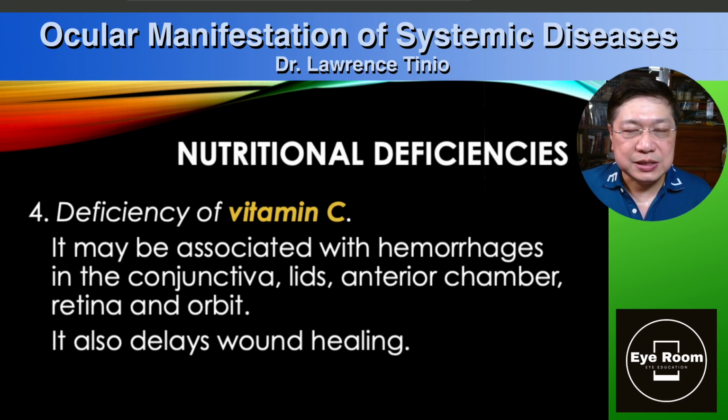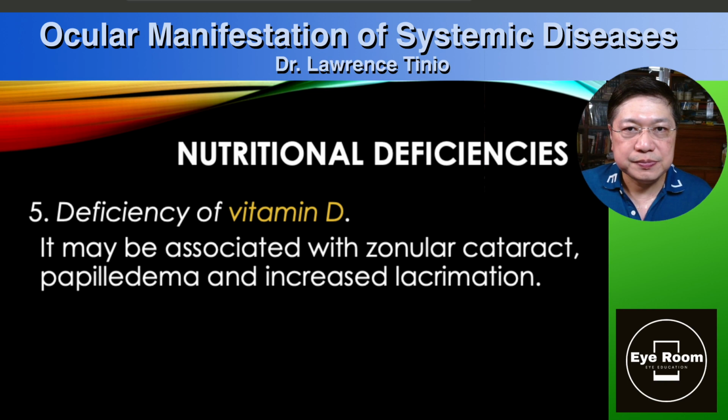In vitamin C deficiency, you may have hemorrhages, especially in the conjunctiva, the eyelid, anterior chamber, retina, and even in the orbit. Also, there is a delay in the wound healing of the patient, which is a very common phenomenon with patients who have vitamin C deficiency.